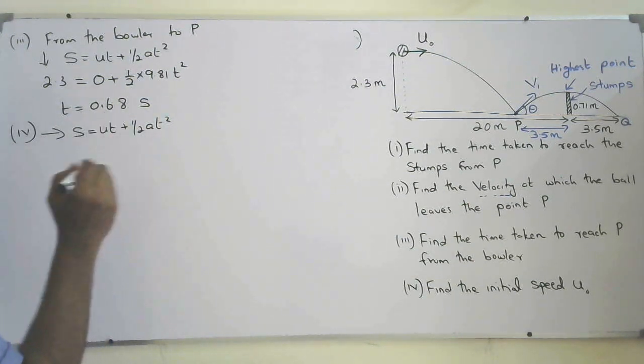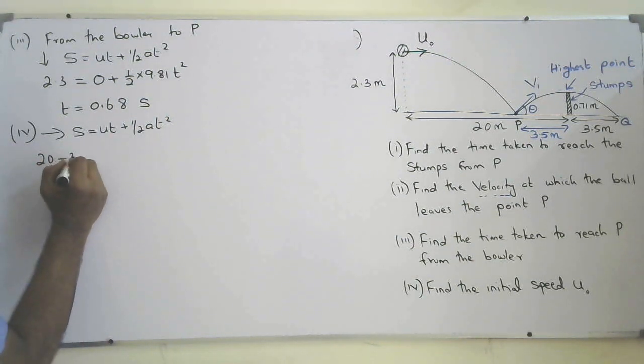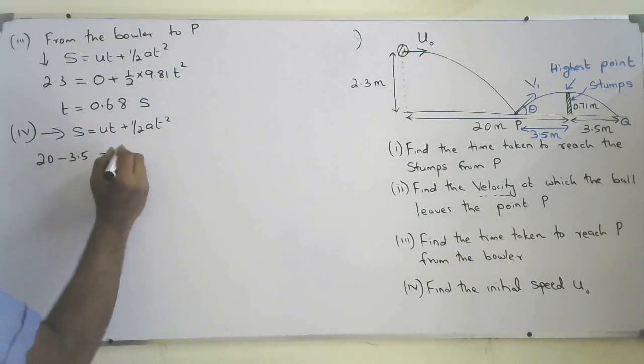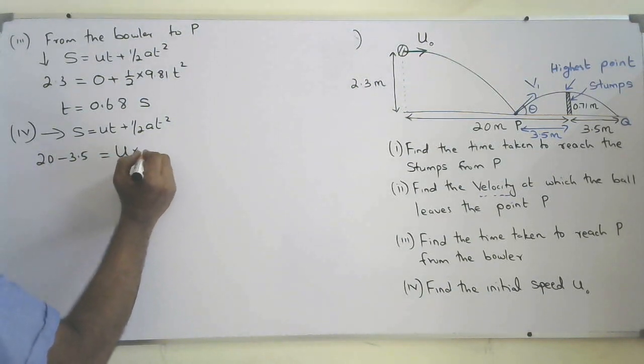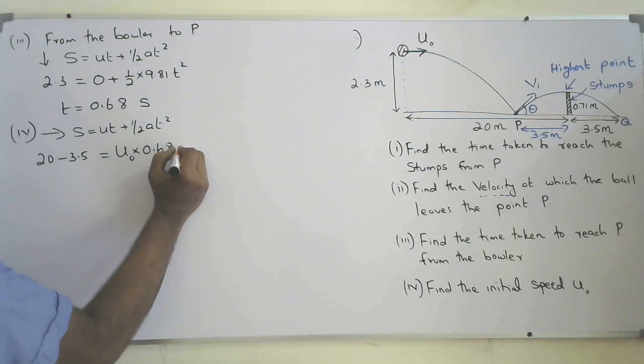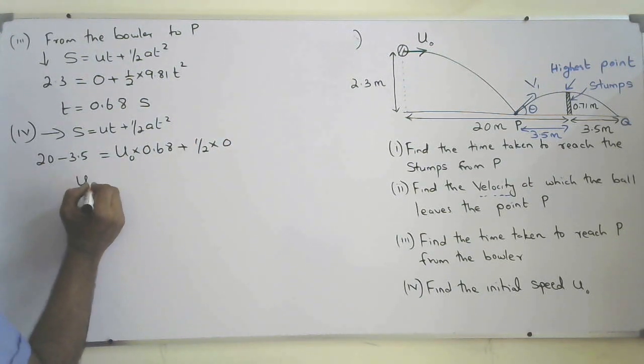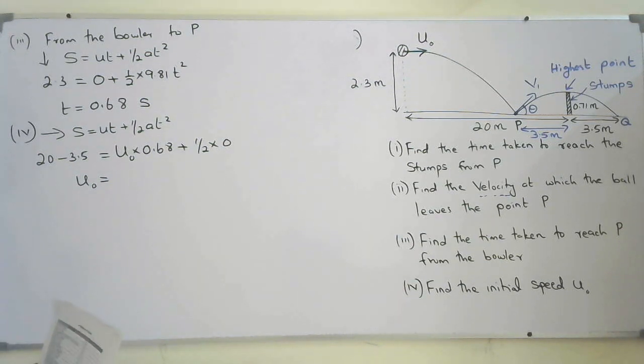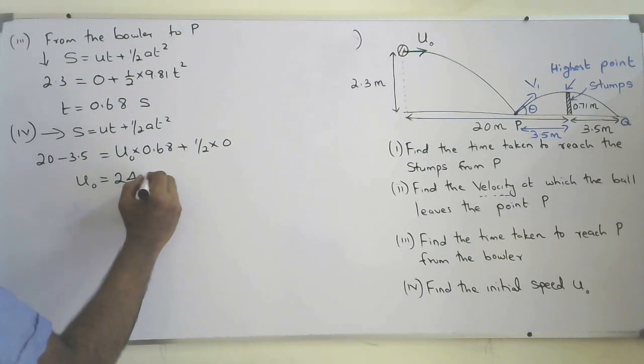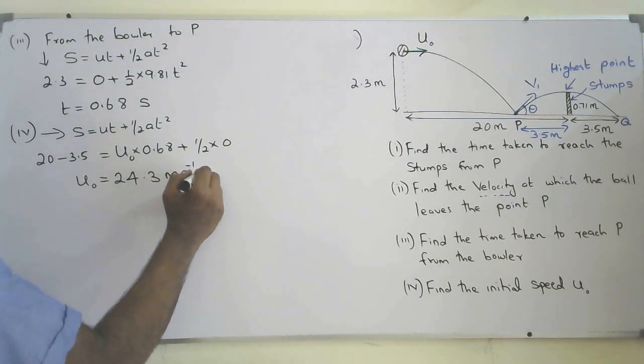S is 20 minus 3.5 equal to initial speed u0 into time 0.68. Horizontally there is no acceleration, no drag force. We don't consider that drag force. So solve it. You will get the initial velocity 24.3 meters per second.